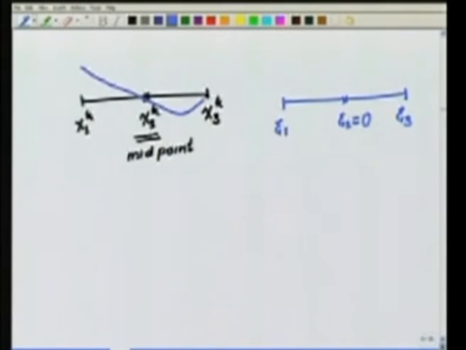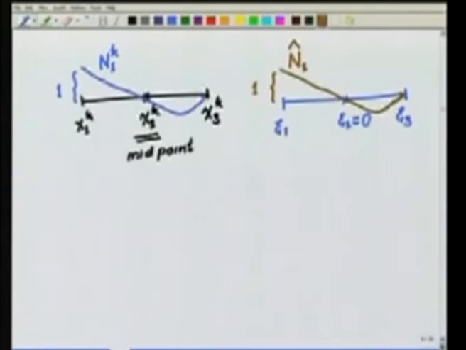which had a value 1 at the point x1 of k, and 0 at the points x2 of k and x3 of k, then in the master domain it will have the same feature: the value at the point psi 1 will be equal to 1, and at the points psi 2 and psi 3 the value is going to be 0.